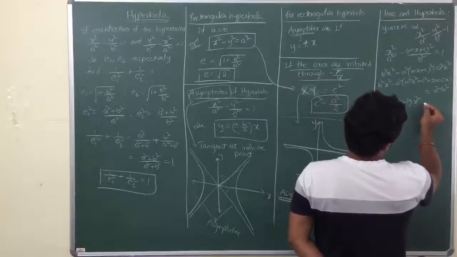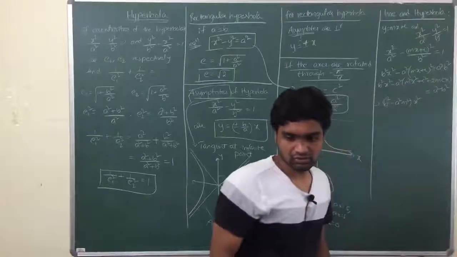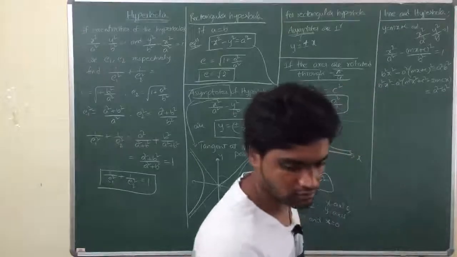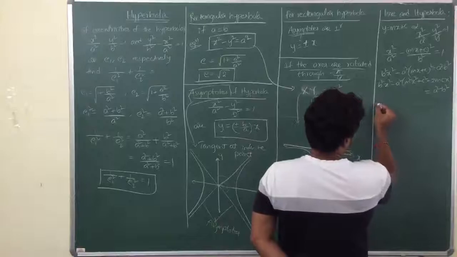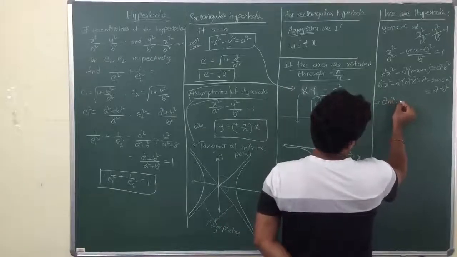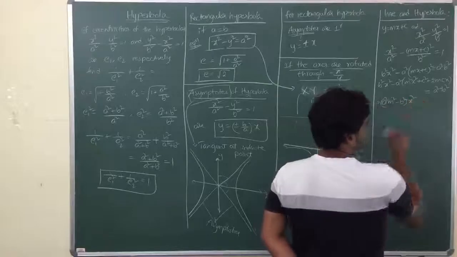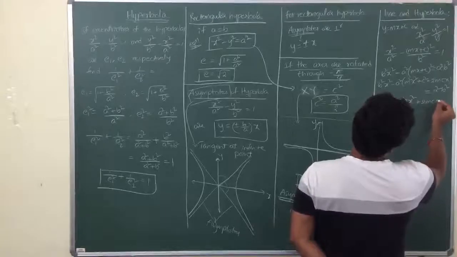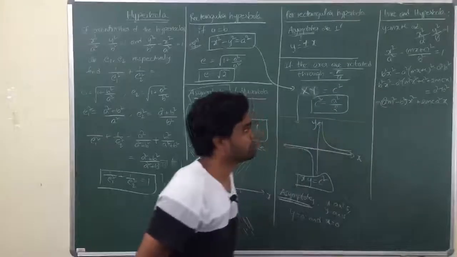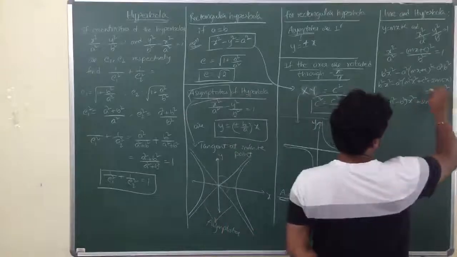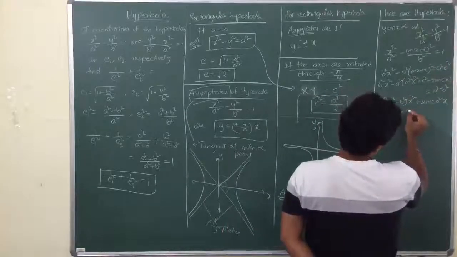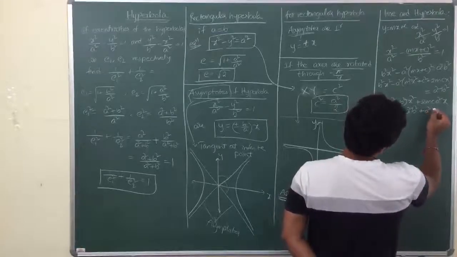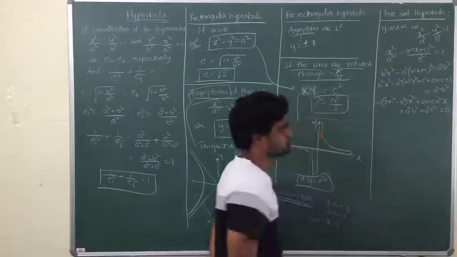Let's bring this all to the other side, it will be a little simpler. Now (a square m square minus b square) of x square plus 2mc a square of x plus a square b square plus a square c square is equal to 0.